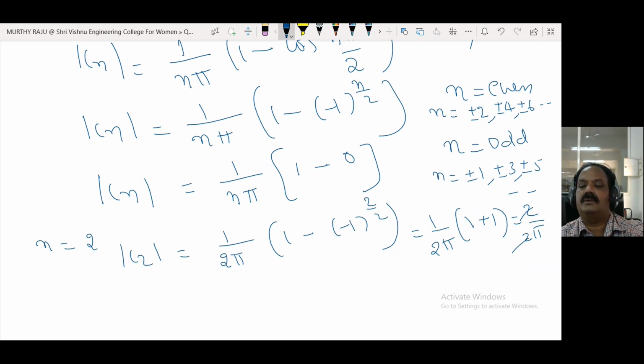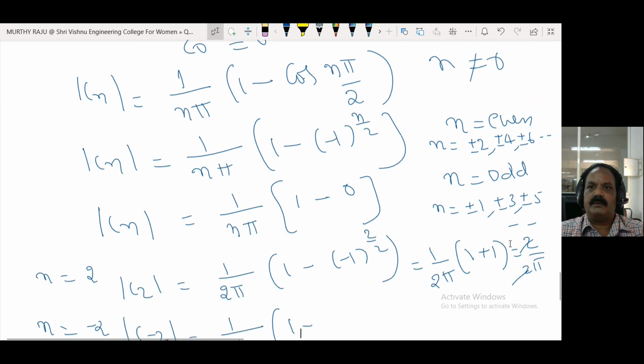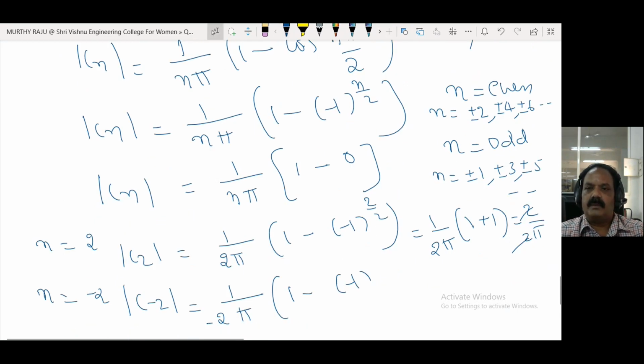For n is equal to 2, the value is 1 by pi. For n is equal to -2, C minus 2 is 1 by -2 pi, 1 minus (-1) to the power of -2 by 2.